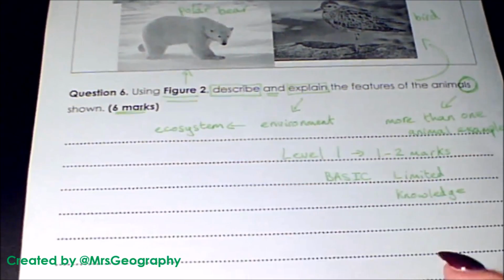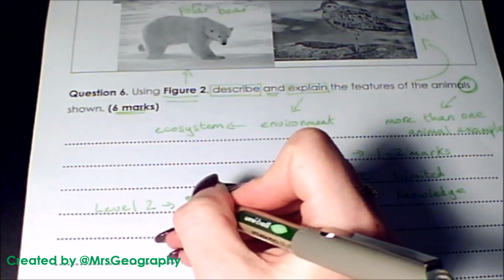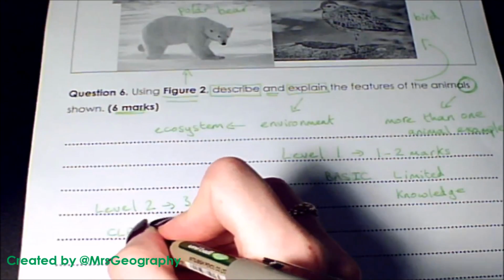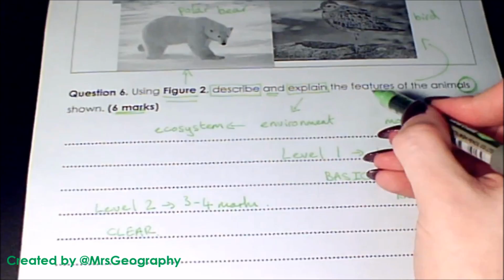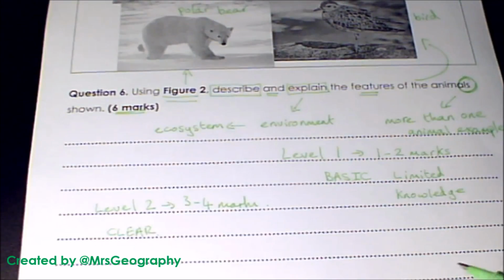To get level 2, on the other hand, that would be 3 to 4 marks. It very clearly means that your answer is clear, so you provide some detail on the animals. So again, we're thinking about features of these animals, so think claws, think about their sense of smell, think about their colour, how they move around.